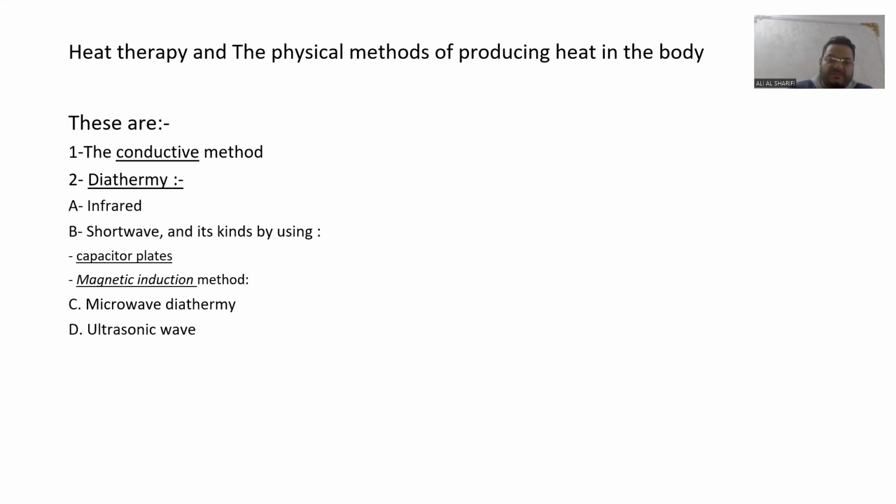Diathermy has some kinds: infrared, shortwave. Shortwave is used to send short waves to a specific treatment area, to unhealthy, damaged tissue, by using a capacitor to send these waves.